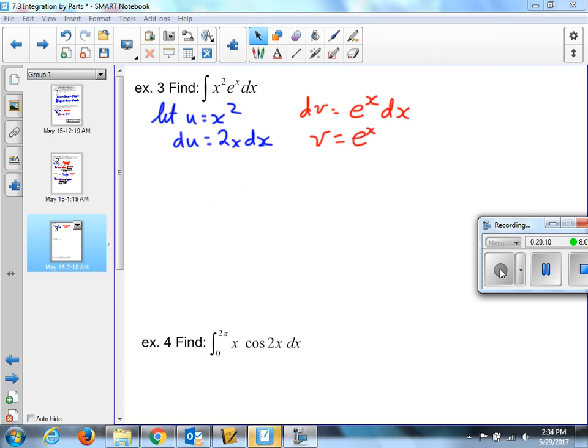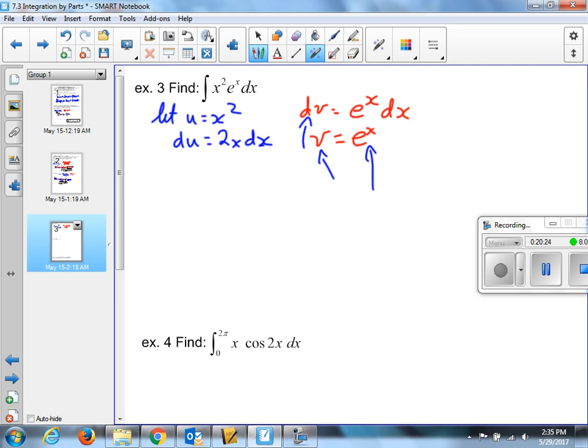Would it be x e to the x for v? Well, let's just see if you get the original. Take the derivative of this side, you got dv by dx. And the derivative of e to the x is e to the x. Oh, no, never mind. I see what you're thinking, there's no e to the ax.